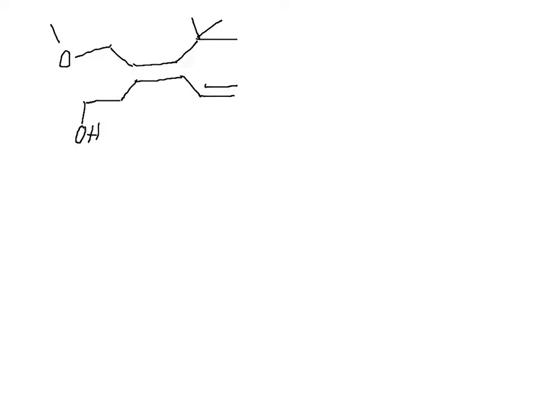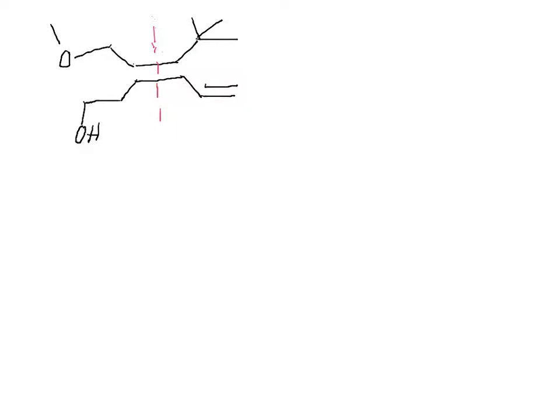Let's take a look at this alkene, and we have to figure out if it's cis or trans. The way to do that is we're going to divide the alkene in half, right down the middle. We're going to rank these two substituents off of this carbon right here to see who has a higher priority.